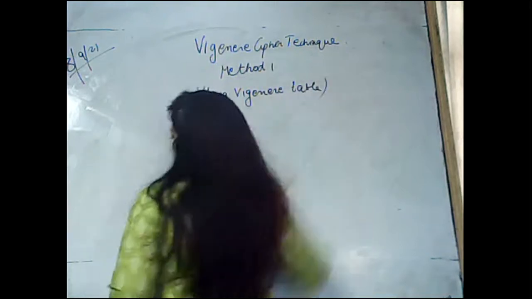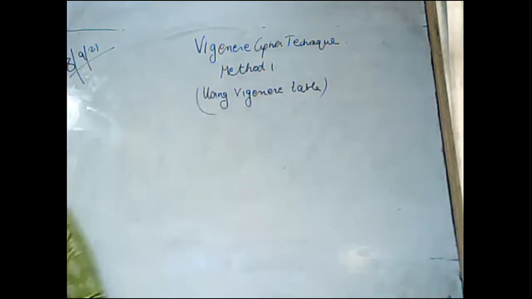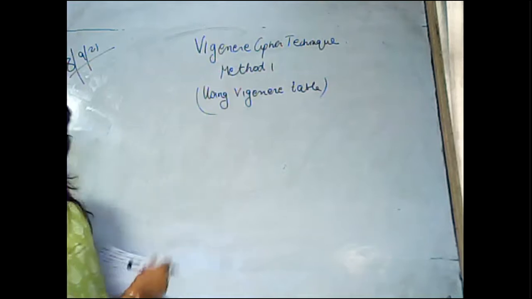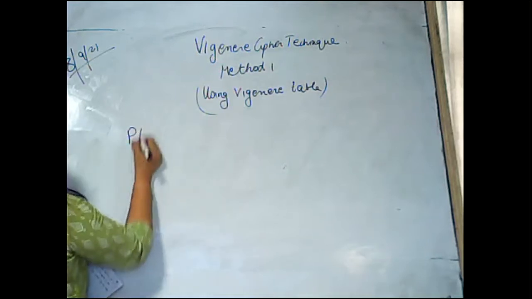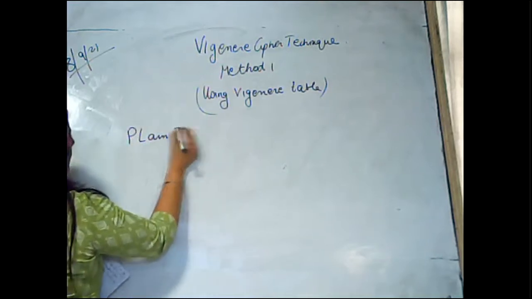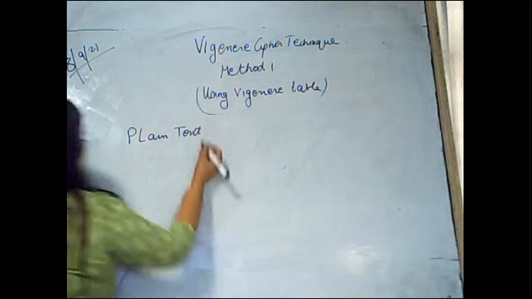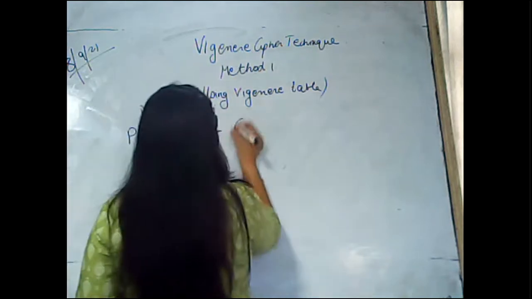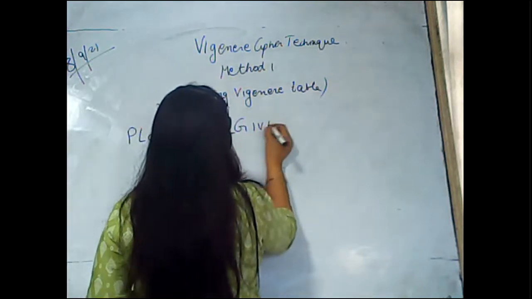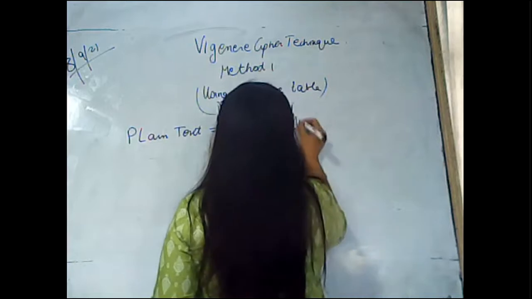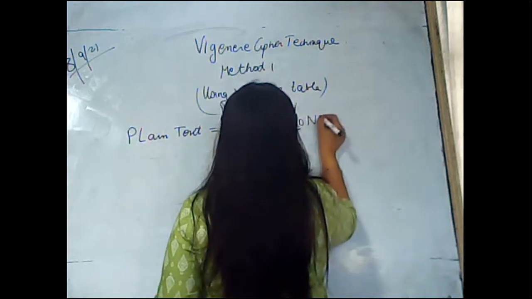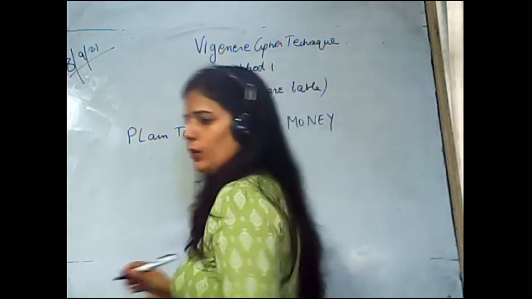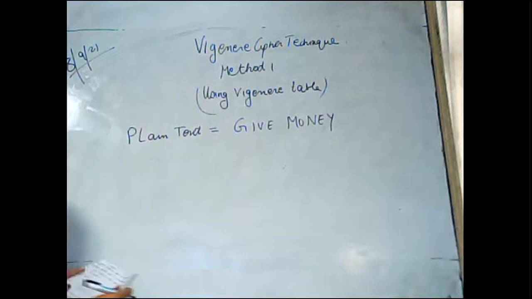Now let's suppose we have a plain text, "give money". That is the plain text we have here.